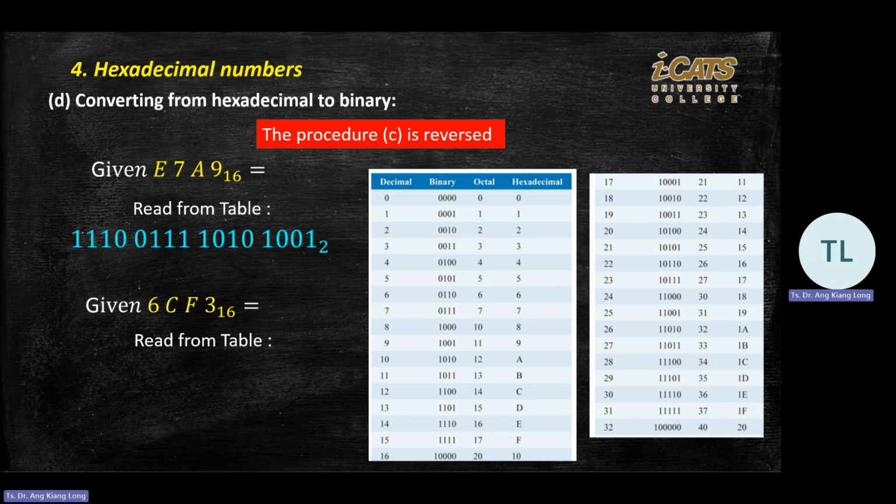Because this one E, you go and find E. E is 1110. Then put here. Then 7, go and find 7, put here, and so on. So 6 is 0110, and again, 0 in front doesn't carry any meaning. So 6 is here, C is here, F is this one, 3 is this one.